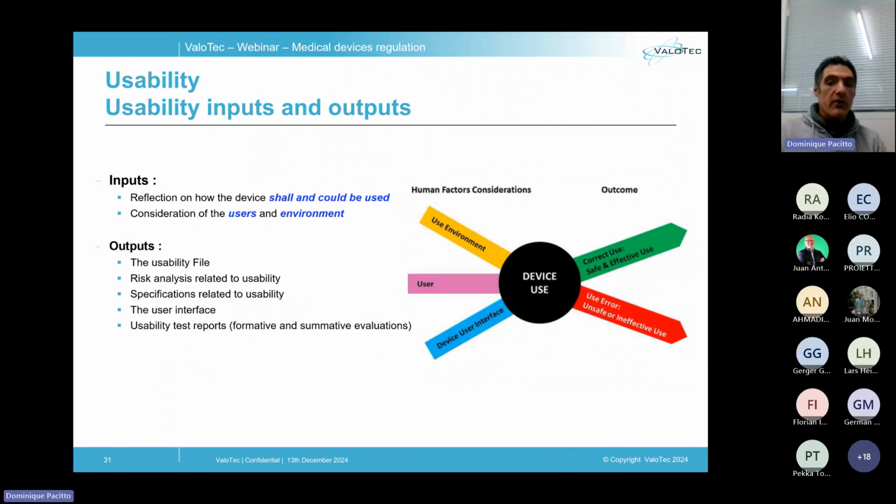As output, the usability study provides the following elements: the usability file, the risk analysis related to the usability, the specification of the user interface, the usability test reports, formative and summative evaluation, and of course, the user interface itself.